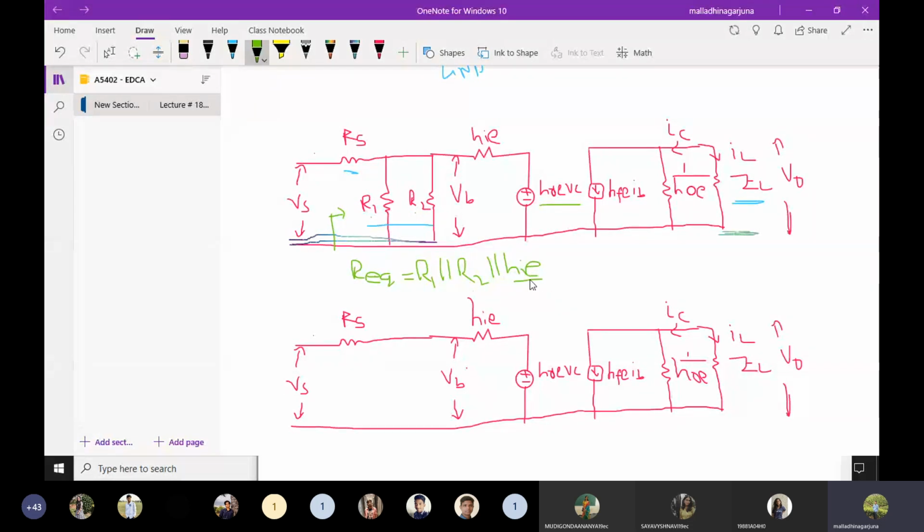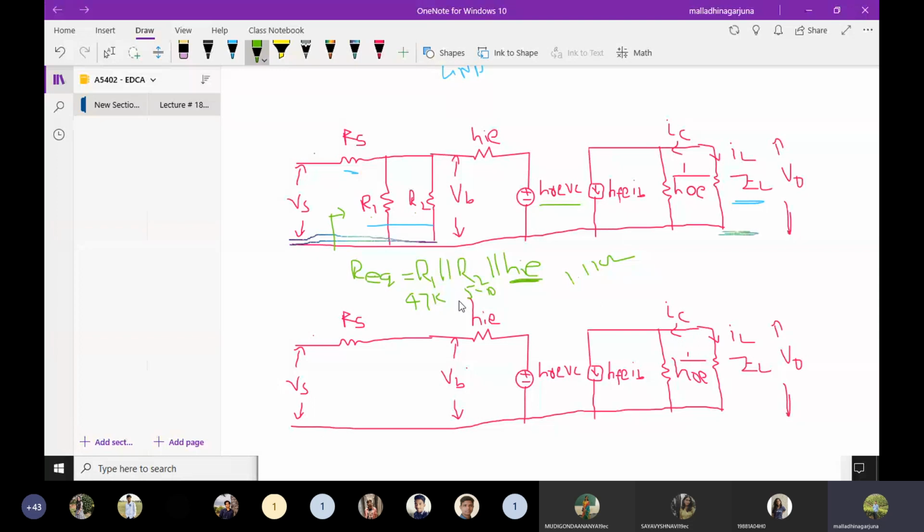So what is the typical value of HIE? This is 1.1 kilo ohm; in the last class we saw that the typical value of HIE is 1.1 kilo ohm. R1 will be around 47k to 100k, and R2 will be in between 5 to 10k.